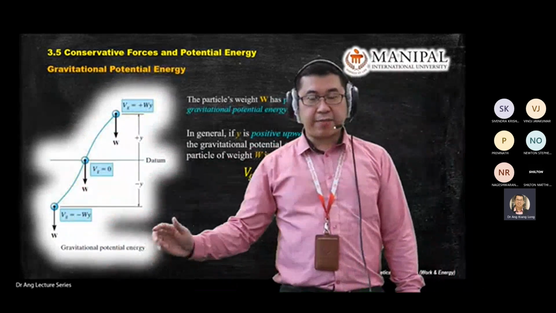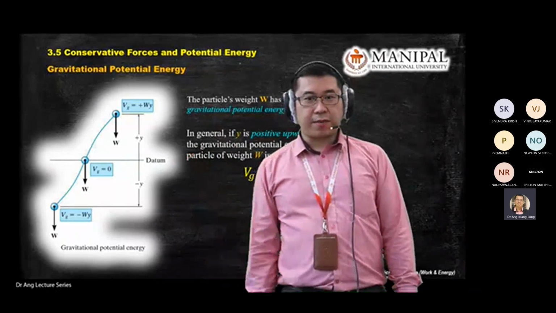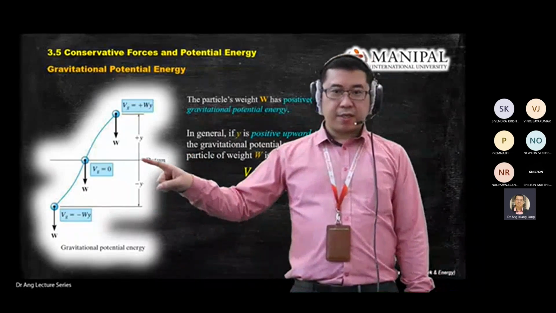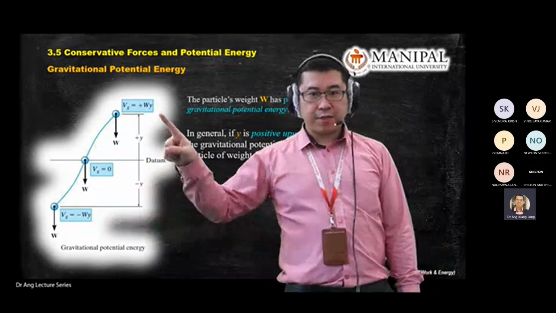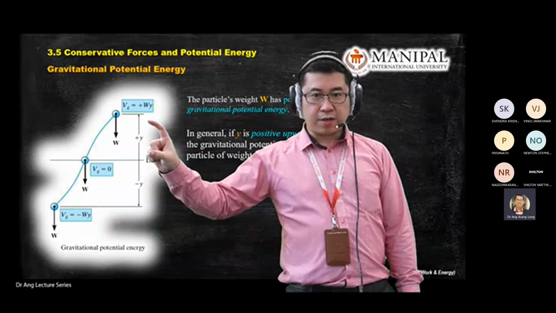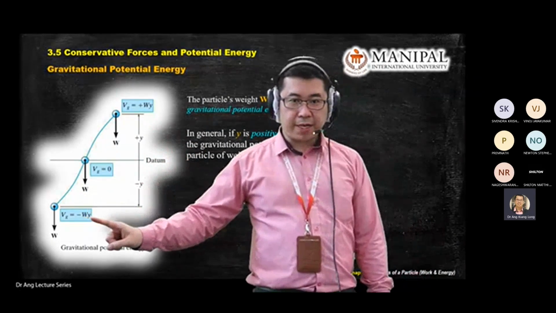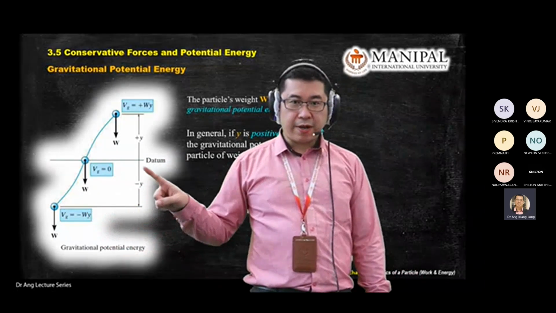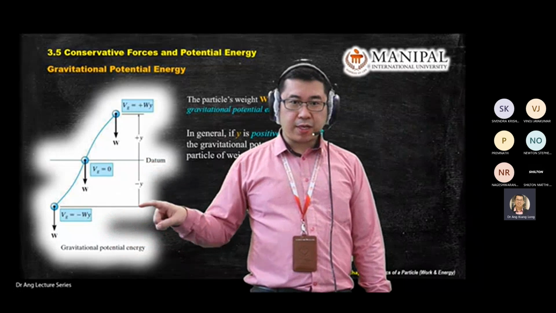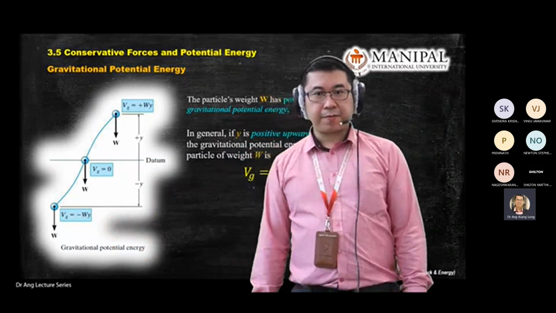So this diagram tells you the effect if you change the datum. The energy is still the same. I mean, the magnitude of energy is still the same. If you don't change the elevation, positive y and negative y, you still get the magnitude of W y or mgh. However, if your object is going down, you have a negative energy there.